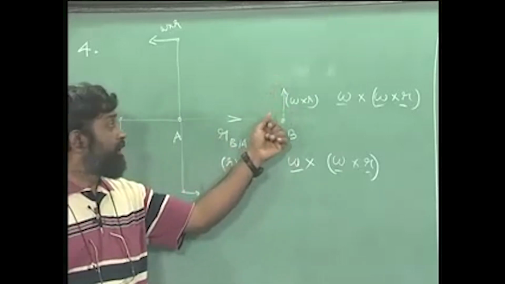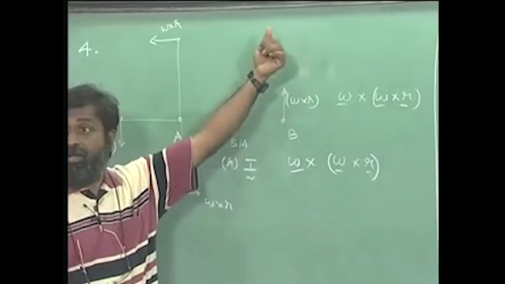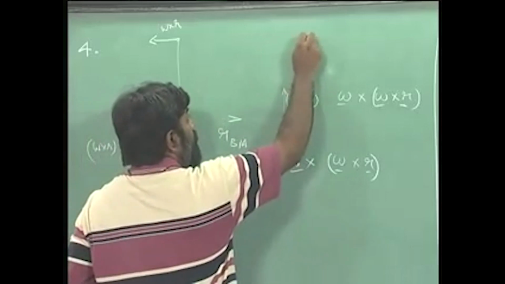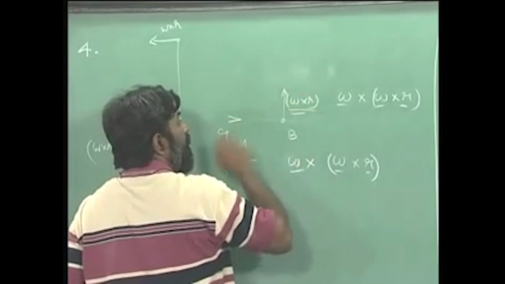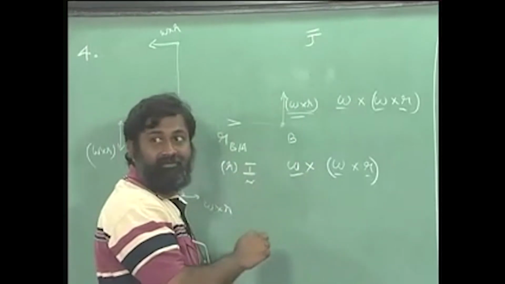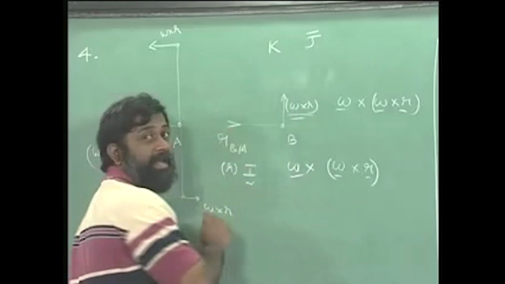Now what we are having here is omega cross this, or in other words, this is pointing upward, so the unit vector along this direction is j. Omega is along k.